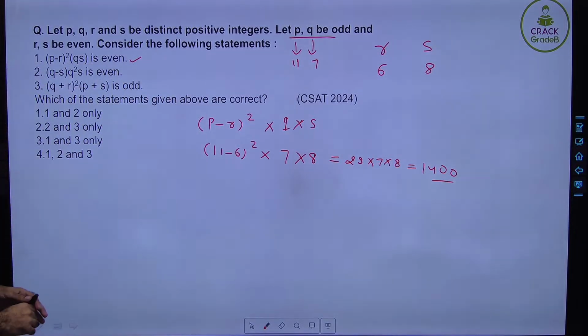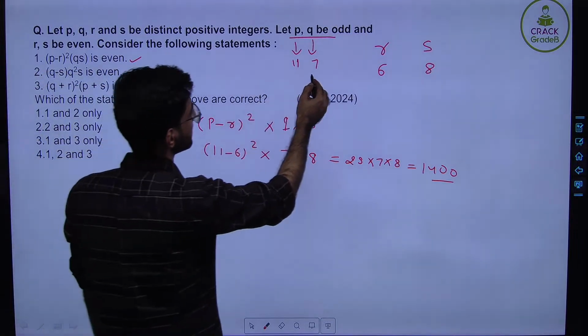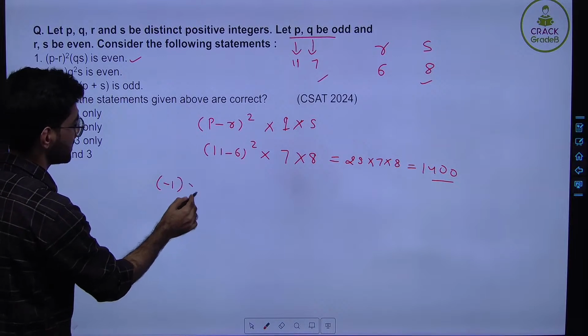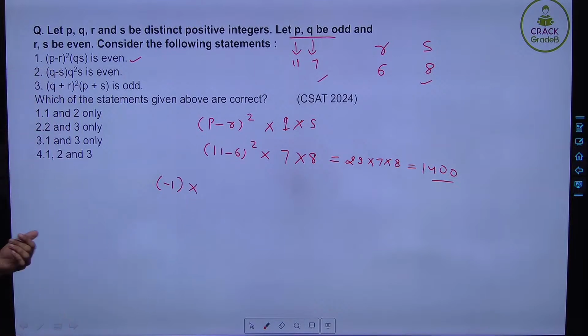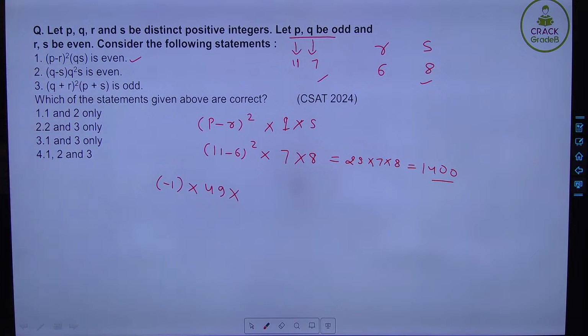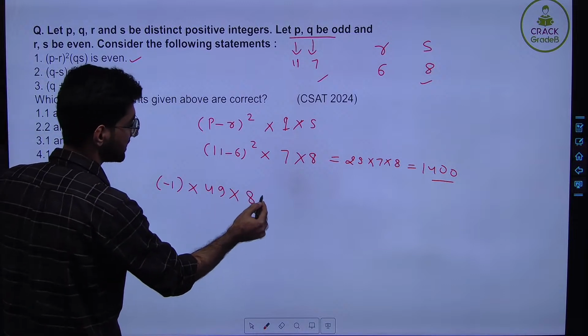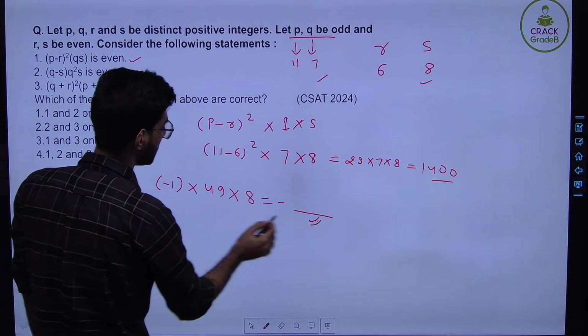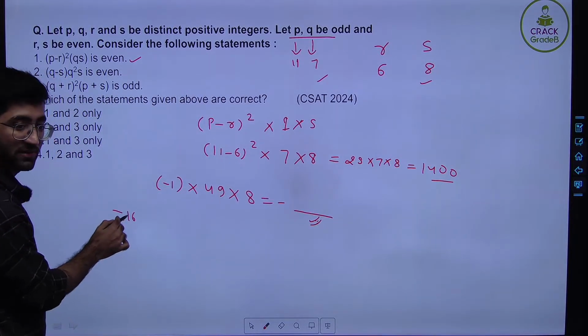Now Q minus S. What is Q minus S? 7 minus 8 is equal to minus 1. Then the square of Q will be 49, into S, again 8. Obviously you will get the value in minus, but I have told you that minus 16 is also an even number.